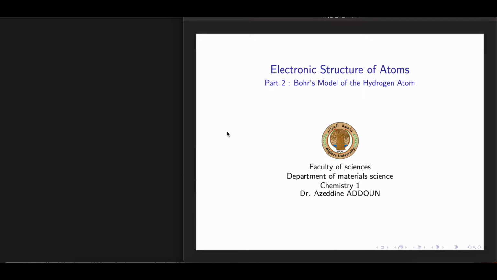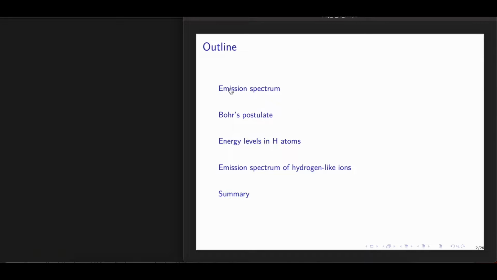In this lesson, we are going to talk about the Bohr's model of the hydrogen atom, second part of the chapter Electronic Structure of Atoms. We begin with the outline of this lesson. We first start with the emission spectrum. Also, we give the Bohr's postulate.